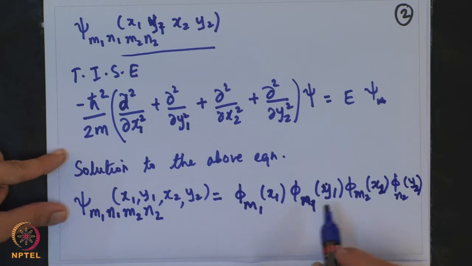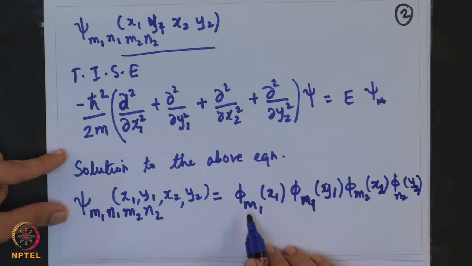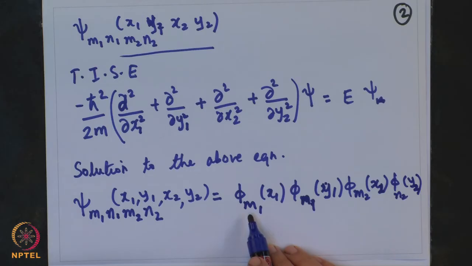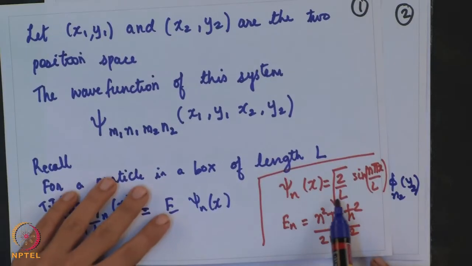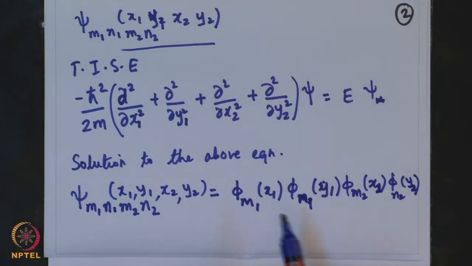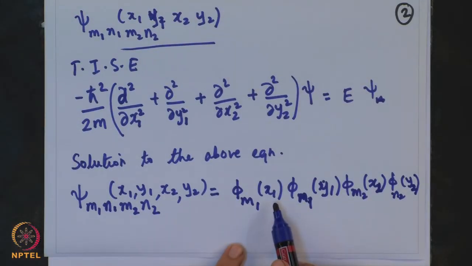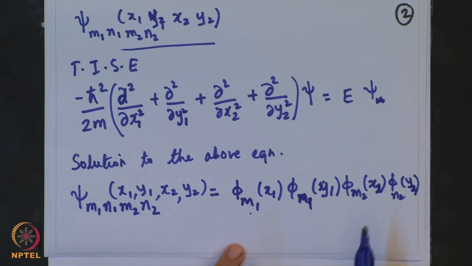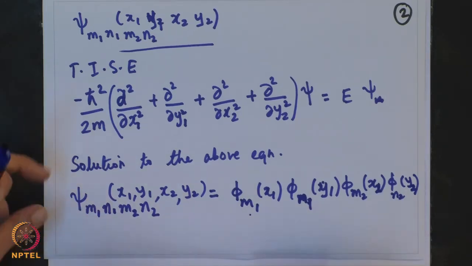Each of these wave functions corresponds to these values. So, for the first one, phi m1 of x1, the wave function would be square root of 2 by L sin m1 pi x1 by L, and similarly the others would go.